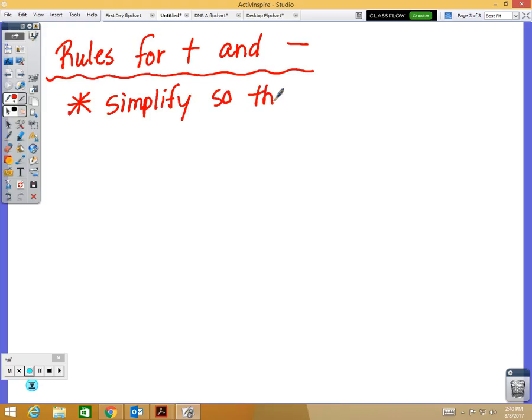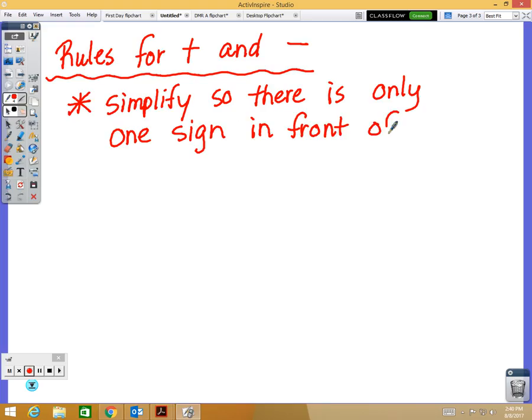So there is only one sign in front of each number. And sometimes you won't need to do that, and sometimes you will, okay?